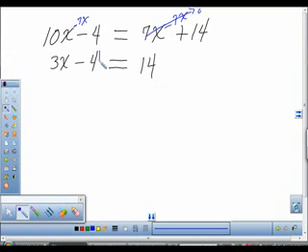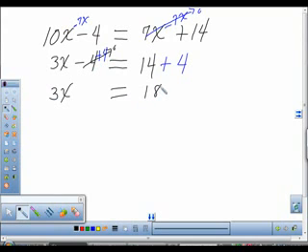4. So I'm going to add 4 on the left, I have to add 4 on the right. Bring that equal down and clean it up. We've got a 3x minus 4 plus 4 went to 0. And then over on the right, 14 and 4 gives me 18.